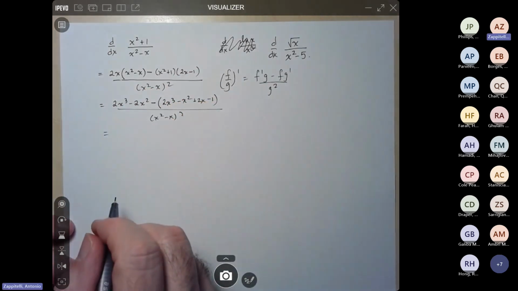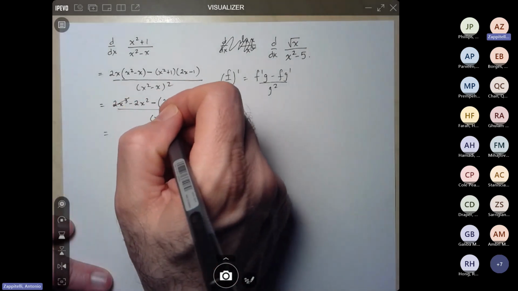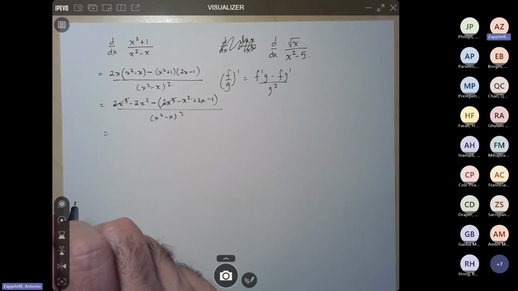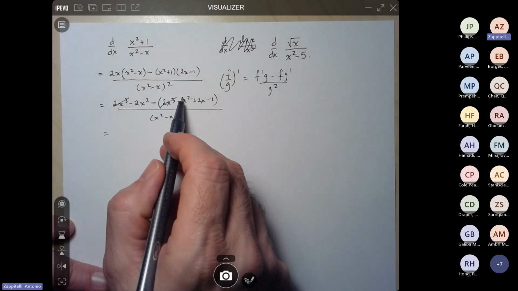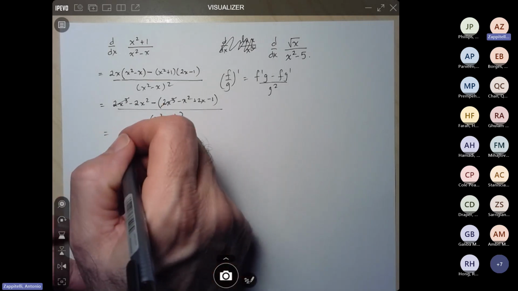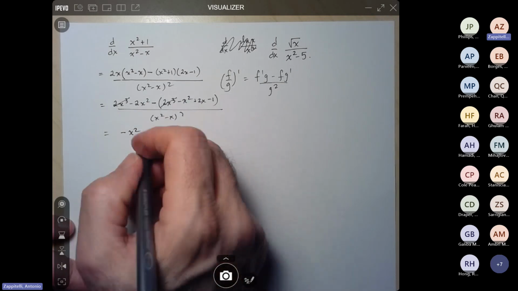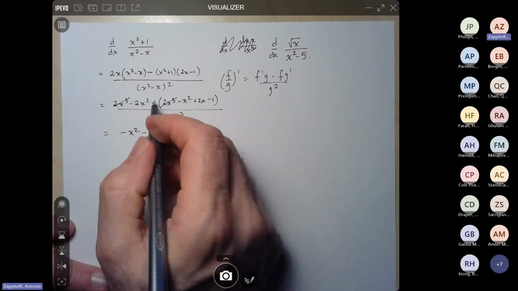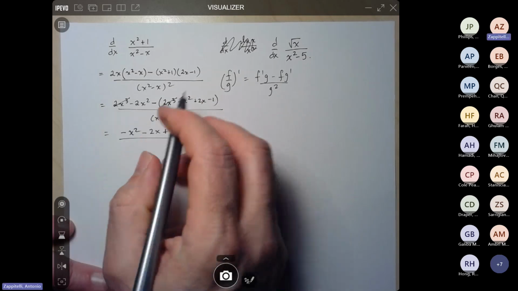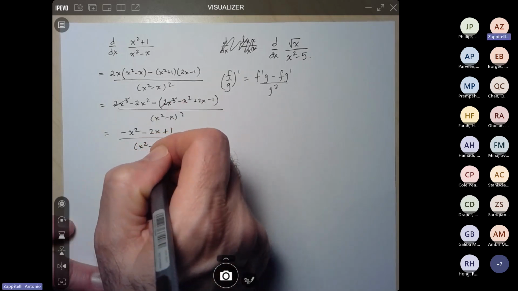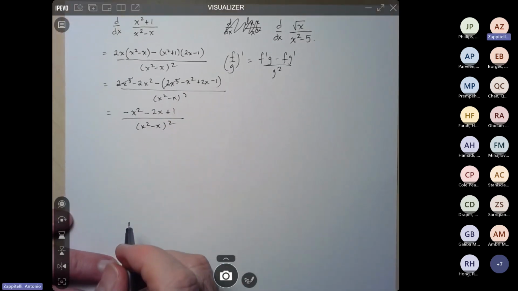And now let's do some more simplifying. The 2x cubed minus that 2x cubed, so that's gone. Here we have negative 2x squared plus x squared, so negative x squared. Here we have minus 2x, and here we have plus 1. And there you go, over x squared minus x, all squared.